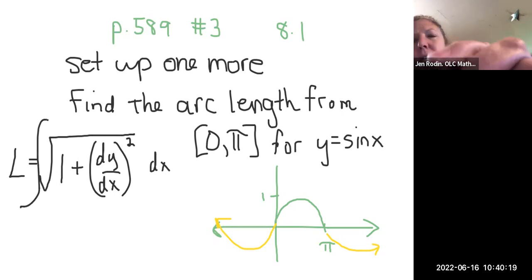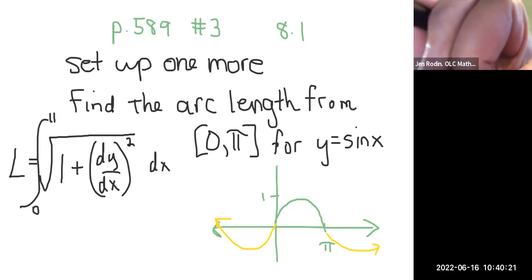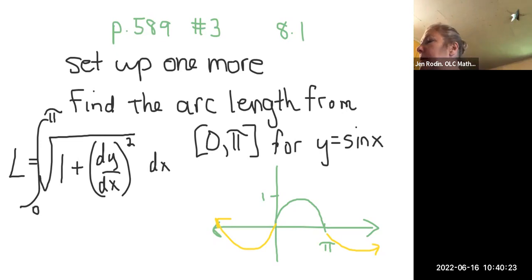Almost forgot that, from 0 to pi. So that's the first part of the setup. And like I was saying before, always go, well, what's the derivative of sine? That's cosine.